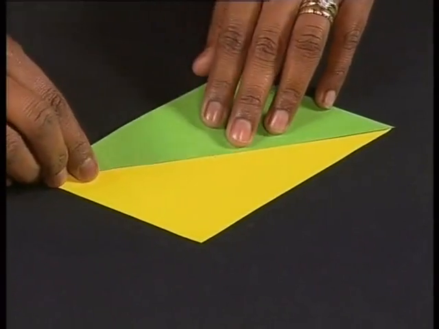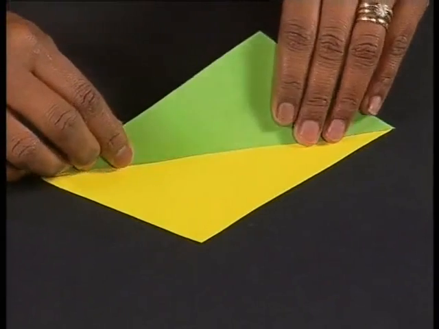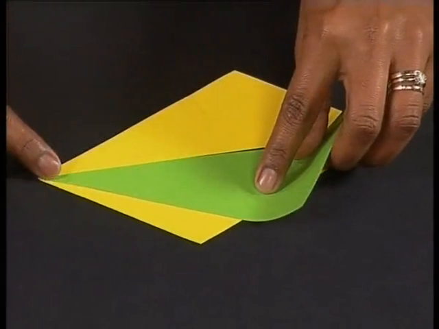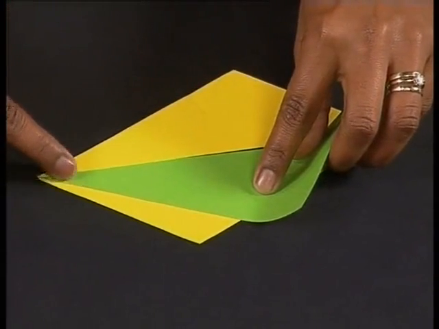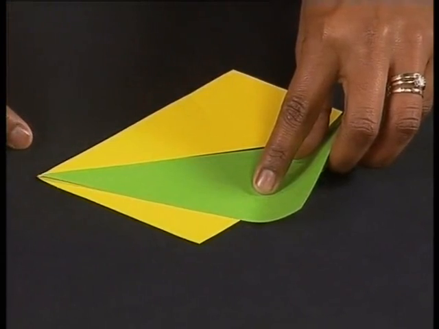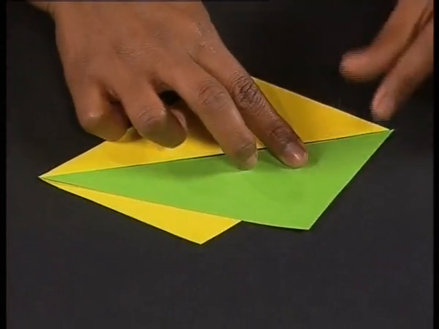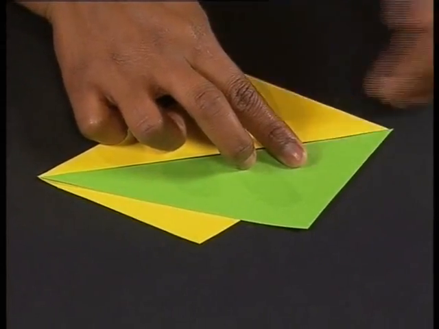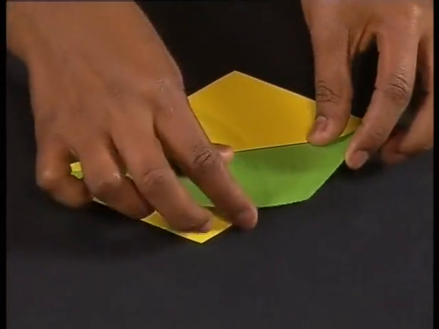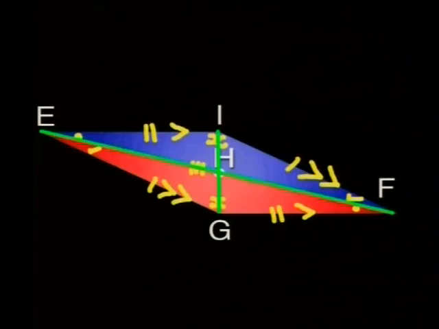Now, watch what happens. If we flip the triangle like this, we see that the angles do not fit on top of one another and are therefore not equal. And if we look on this side, we see that this angle is bigger than the one underneath. This information is enough to say that the diagonals do not bisect the angles of the parallelogram.